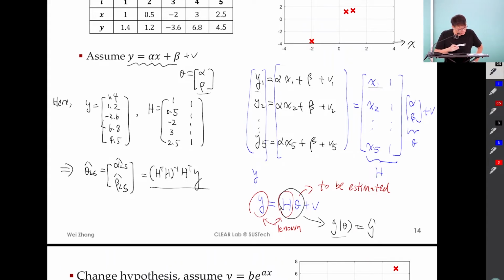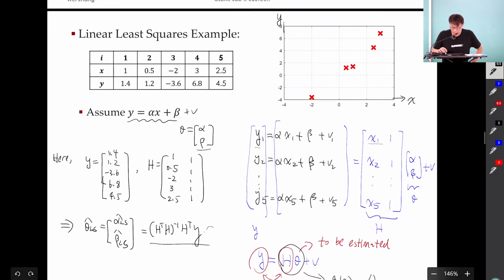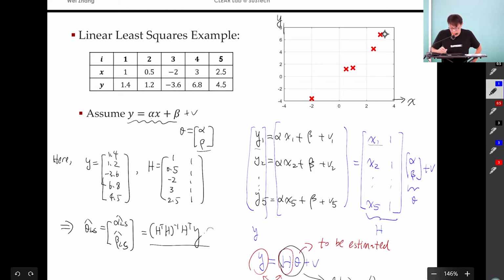Once you compute these numbers, you will find two numbers, right? I don't know what these two numbers are. That will give you the line. Supposedly, you can check that it will fit almost the best amount of data.